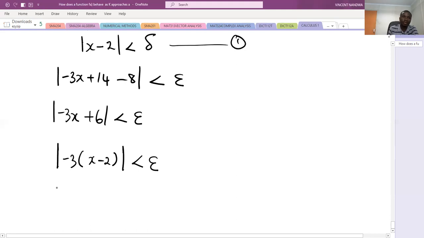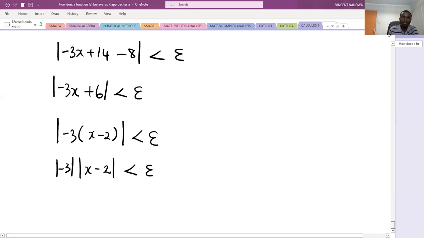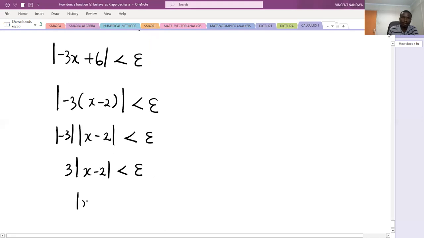So this is the same as absolute value of negative 3, absolute value of x minus 2, less than epsilon. And absolute value of minus 3 is positive 3. So 3 times absolute value of x minus 2 less than epsilon. So absolute value of x minus 2 less than epsilon over 3.